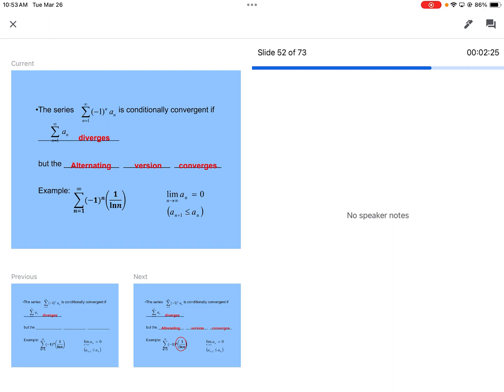Another example would be 1 over ln of n. 1 over ln of n diverges on its own. However, by our alternating series test, the limit of that is equal to 0, and a sub n plus 1 is less than a sub n. So then that alternating version converges.